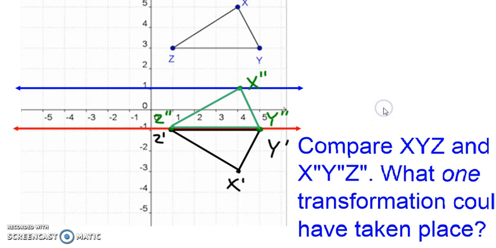I want you to look at how the final image, x double prime, y double prime, z double prime, compares to the pre-image. So we're comparing x, y, z and x prime, y prime, z prime. It's kind of cut off right here, but what one transformation could have taken place to get from the pre-image to our second image, so from here to here? Instead of doing it twice and doing a double reflection, what one transformation could have taken place?